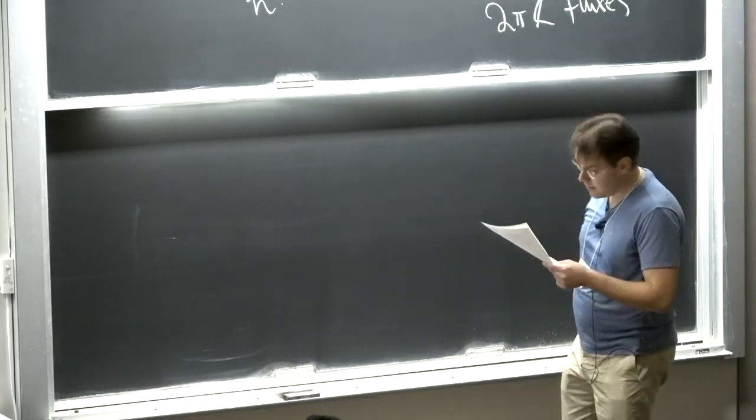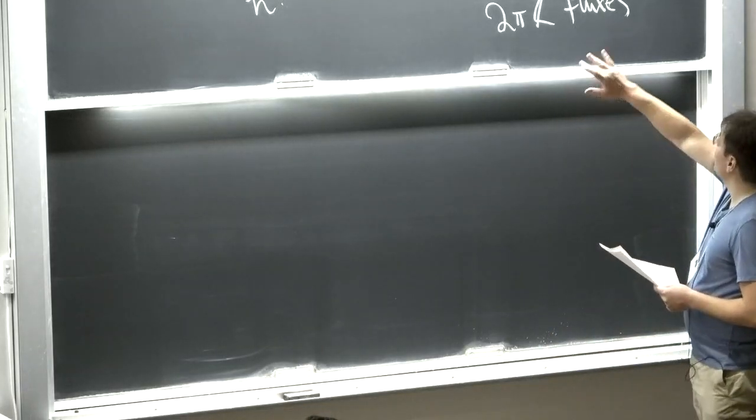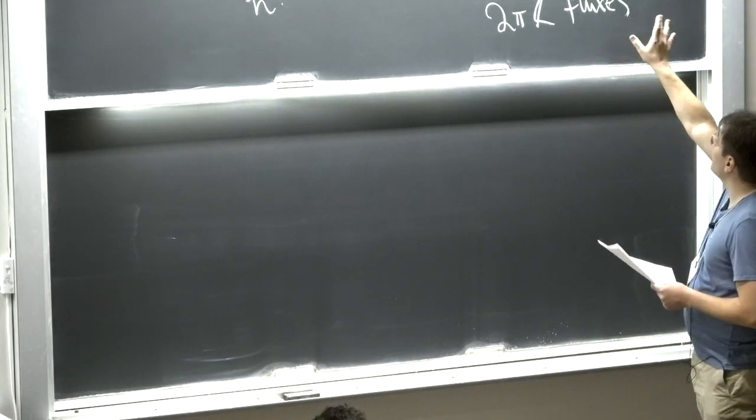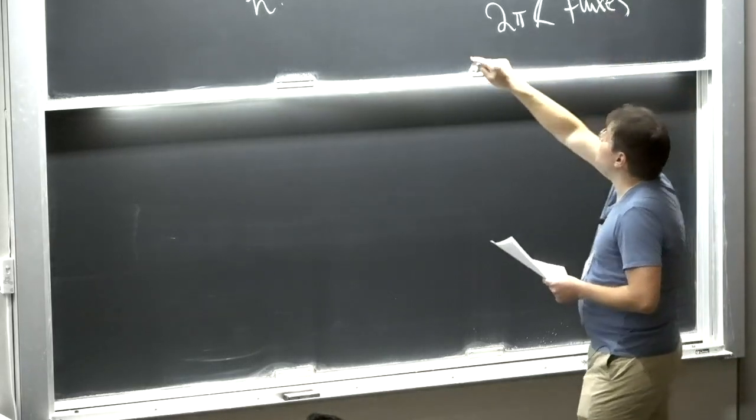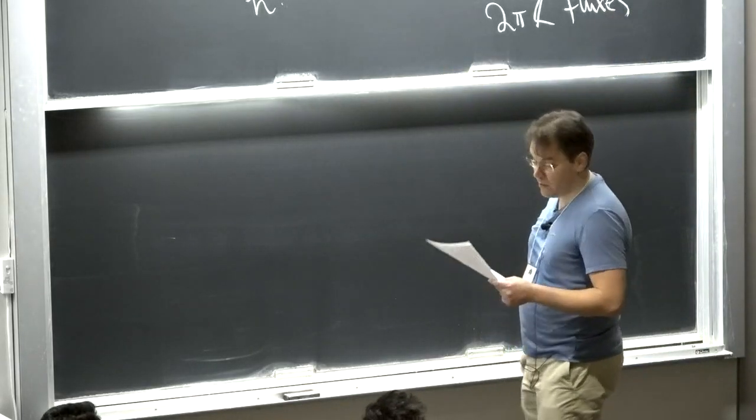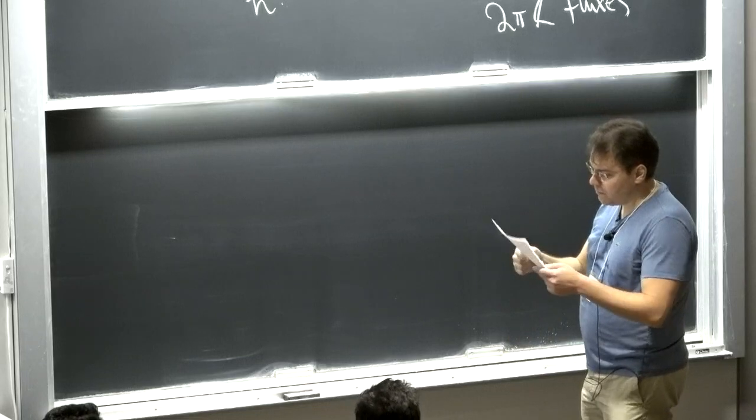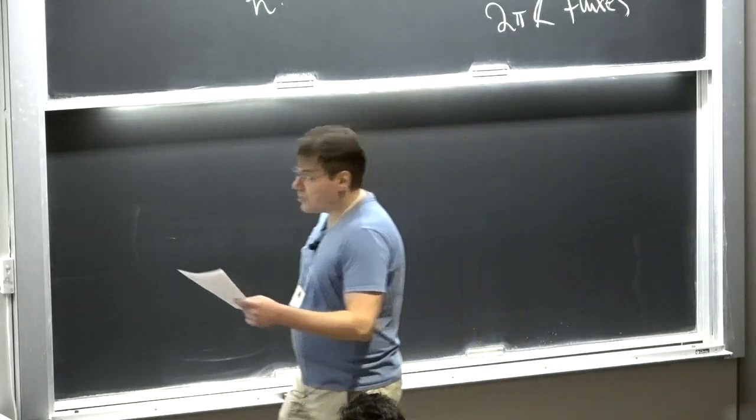OK. So let's, for a moment, in your mind, imagine turning off the background fields, B electric and B magnetic, so that we only have this dynamical BF theory. The first thing I want to explain briefly is why this is a good description of ZQ gauge theory.